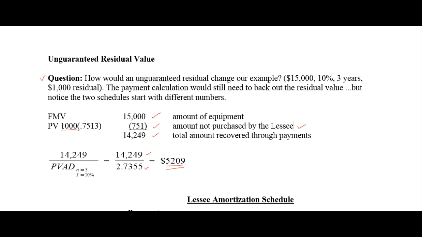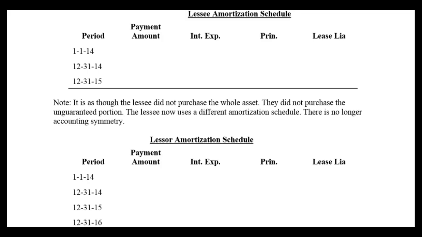What I'd like to do now is to prepare amortization schedules. We're going to have an amortization schedule for the lessee that ends in 0, and it's going to start with $14,249, recognizing that is all of the equipment that they purchased.